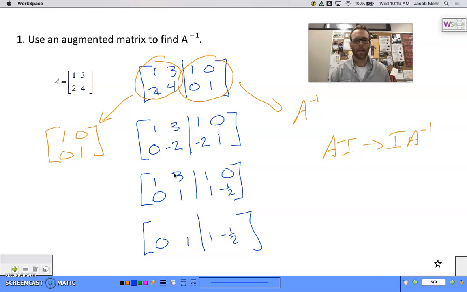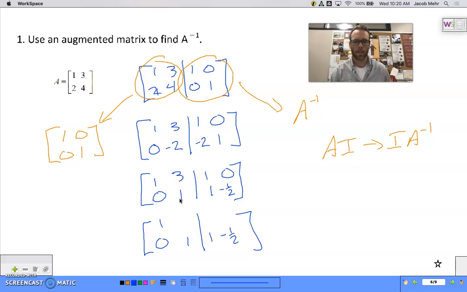I'm going to make this a 0 by taking -3 times the bottom row and adding it up. Now, if I take -3 times 0 plus 1, that's still 1, and that's good because we can't have that change. We need that to be a 1.